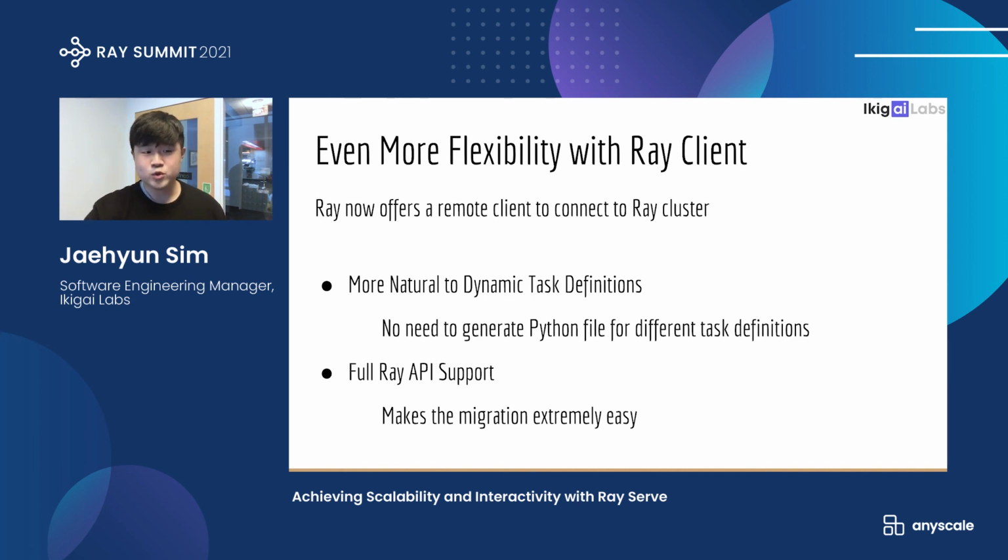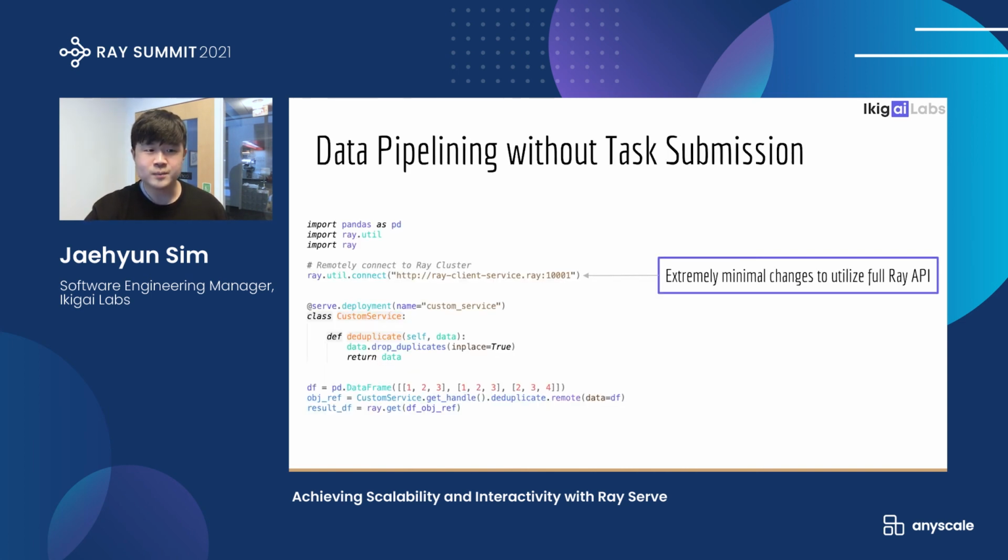Two, it supports the full Ray API. That means it will make our migration extremely easier because we don't really have to change a lot of things. To demonstrate that, we have a small code snippet just to show how easy it will be for us. Let's say we have a RayServe instance definition here, and as you can see, all we need to do is add that one line to connect to the Ray cluster using RayClient.